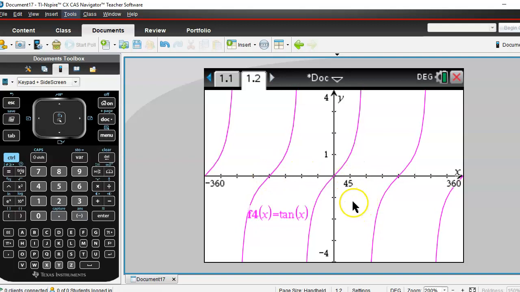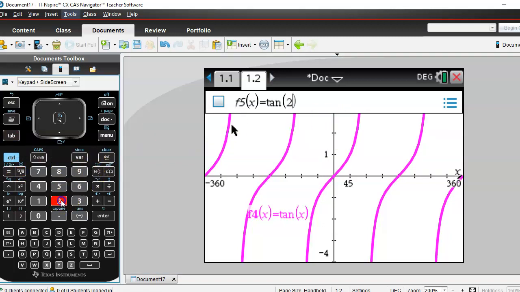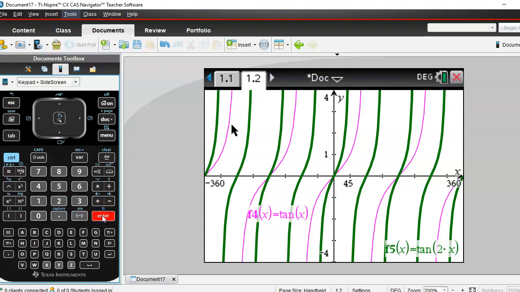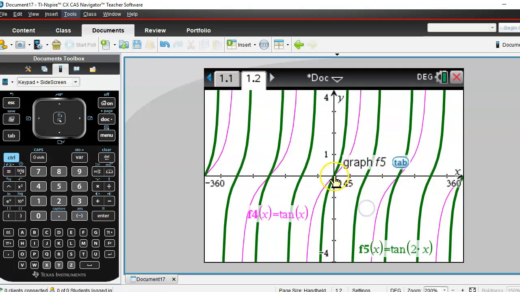So let's tab and have a look what happens when I change that period. You can see that period is now 90 degrees.